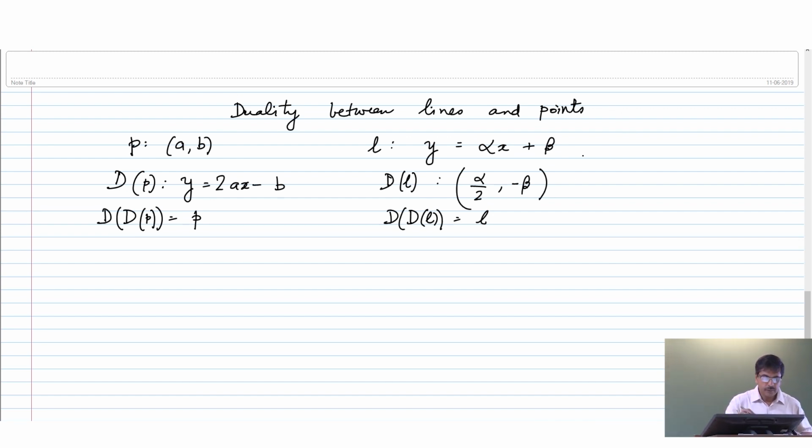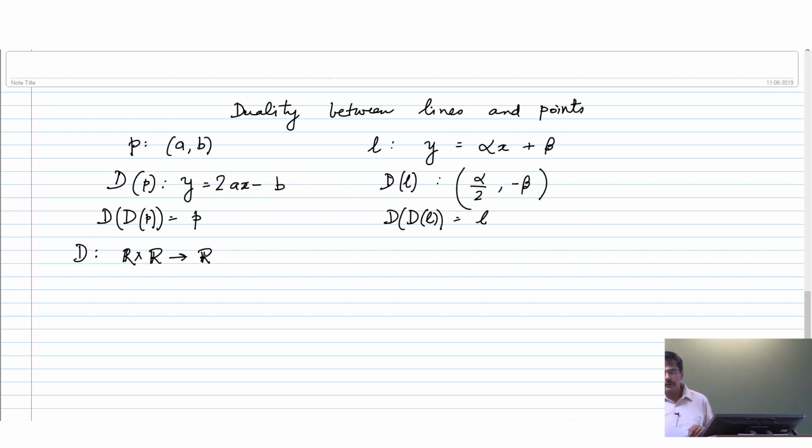D, strictly speaking, I should say, maps basically, in this case, points, so it's basically a transformation like this. That's all.